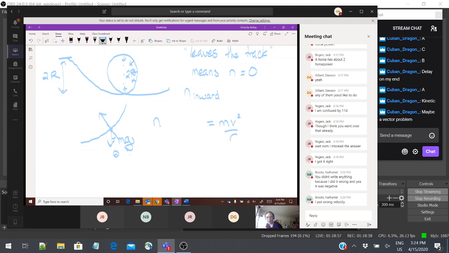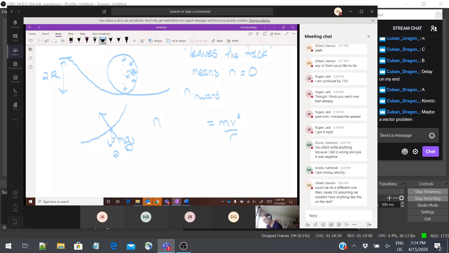I might skip this one and come back to it because this is a little bit challenging here. Okay, whatever the normal force is going to be, normal force minus mg cosine theta. So I'm taking this inward component and this outward component. Yeah.